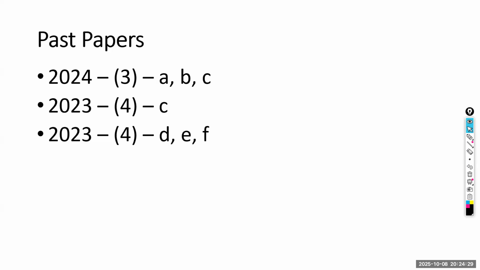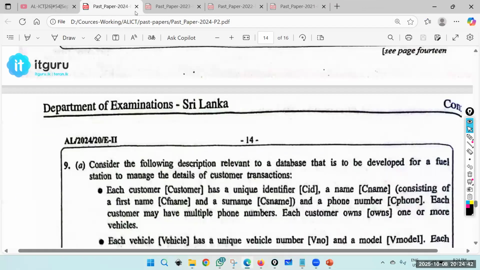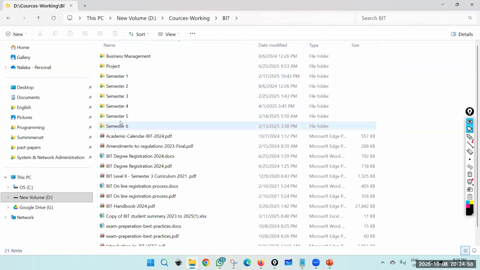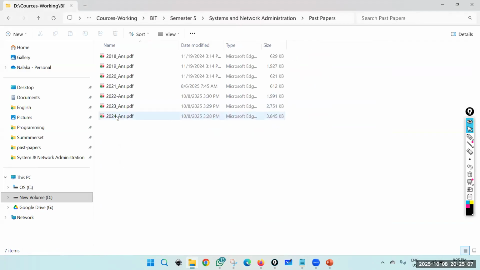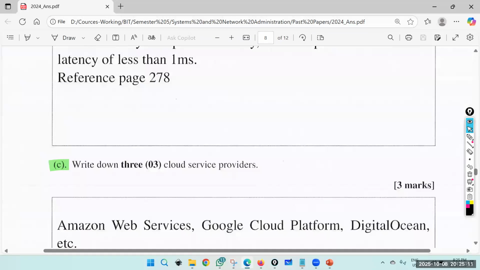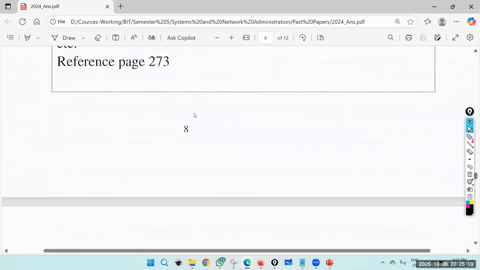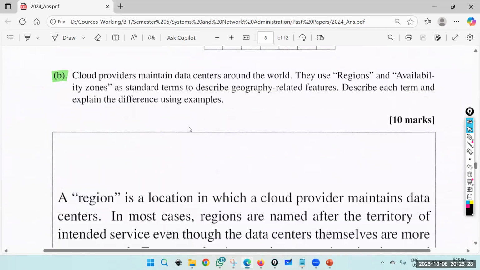So let's start with 2024, question 3. A, B, C. That is a full question. Last year a full question on this. So that means it's advantageous, because these are easy questions.